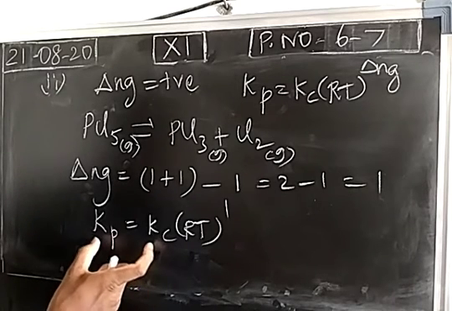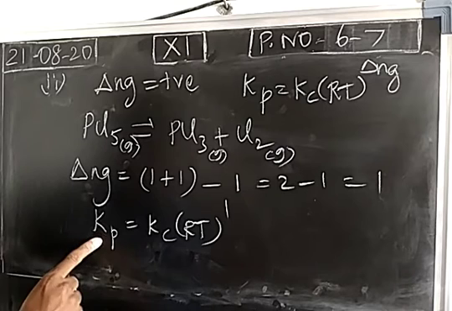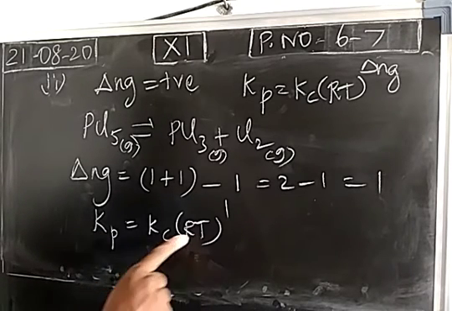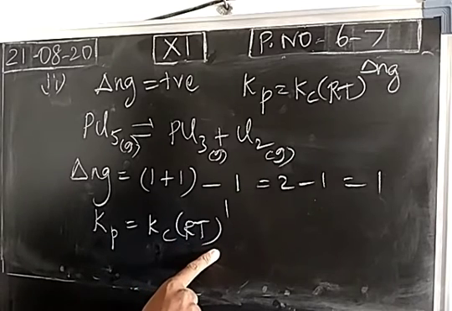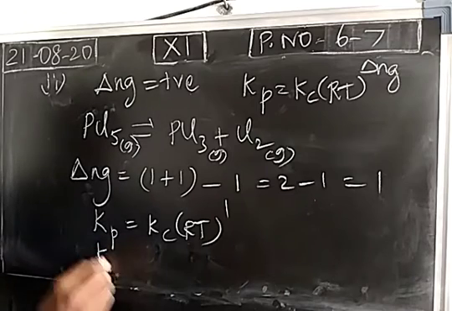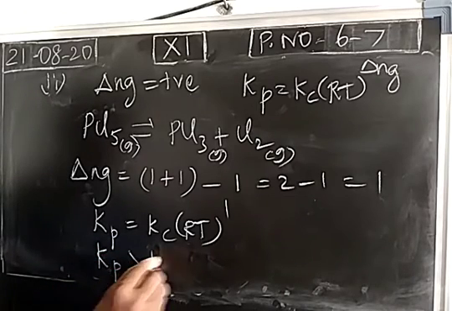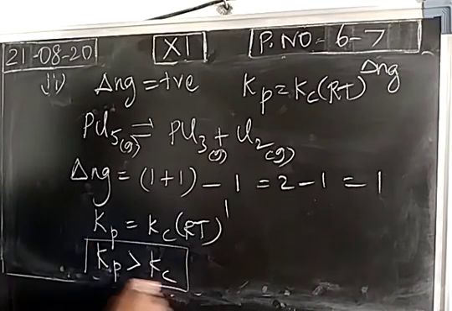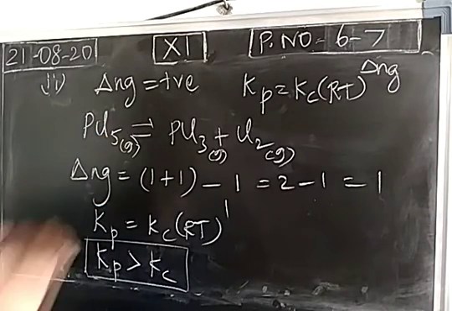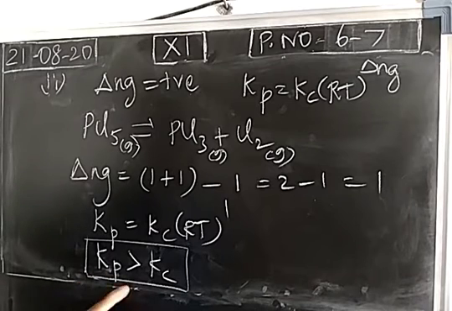So when we compare these two values, Kp is the larger value, because Kc is multiplied by gas constant and temperature, and that equals Kp. So Kp is higher than Kc. So the relationship between Kp and Kc, if delta Ng is a positive value, is Kp is greater than Kc. Okay.